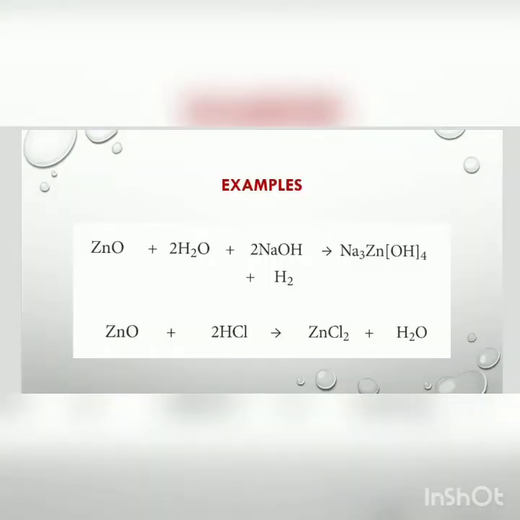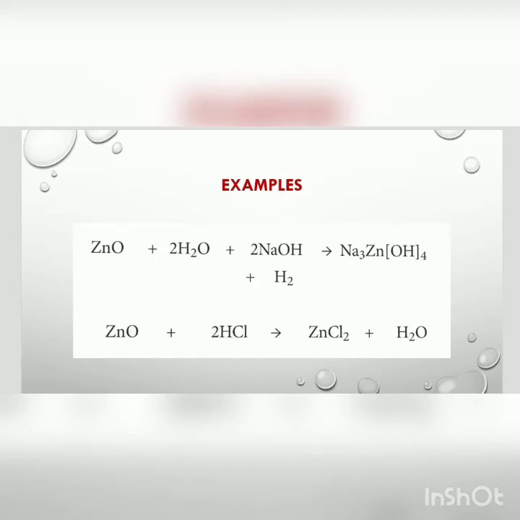So you see the reactions when zinc oxide reacts with sodium hydroxide and forms Na2Zn(OH)4 plus H2, or hydrogen gas. It releases hydrogen gas. And when zinc oxide reacts with 2HCl, it gives zinc chloride plus water.